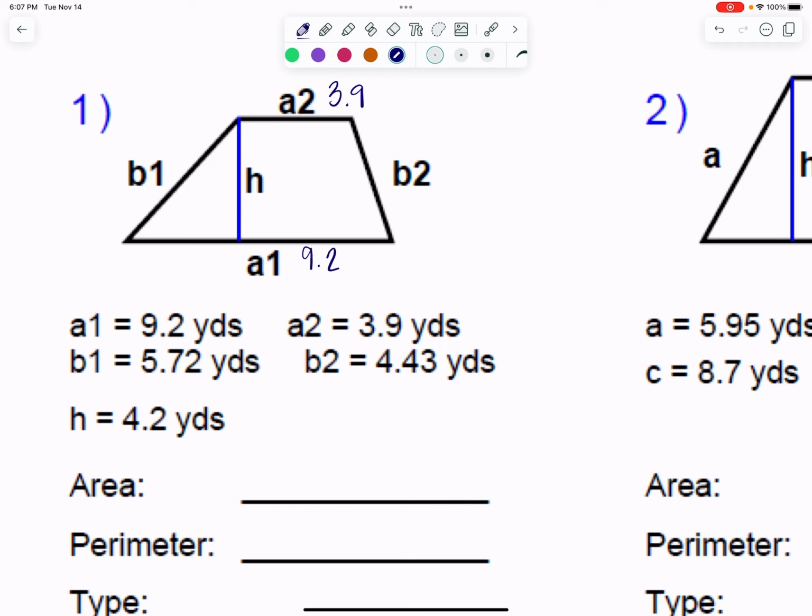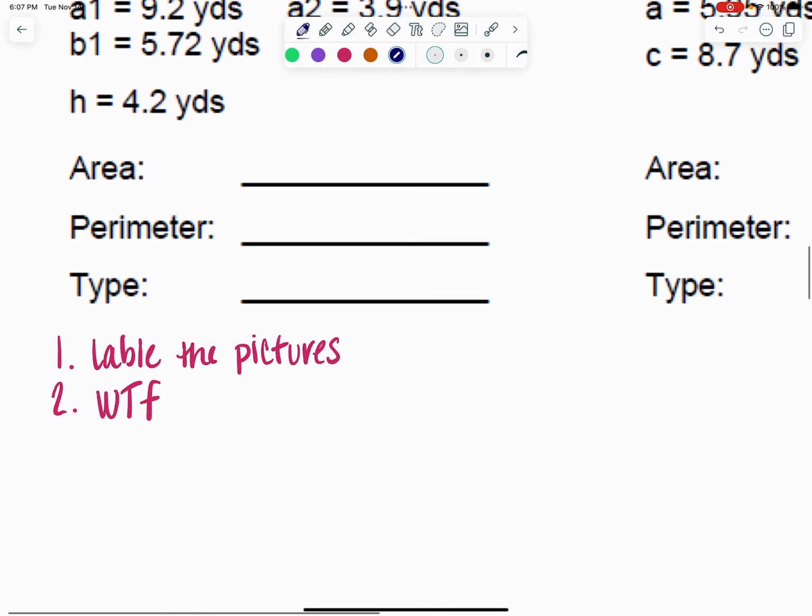I know one of the legs is 4.43. The other leg is 5.72. And I know the height is 4.2. So buckle your helmet because here we go.